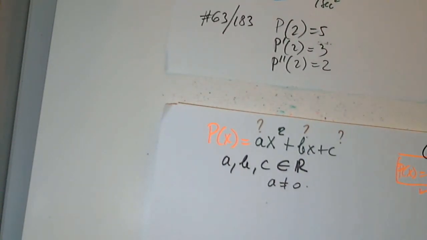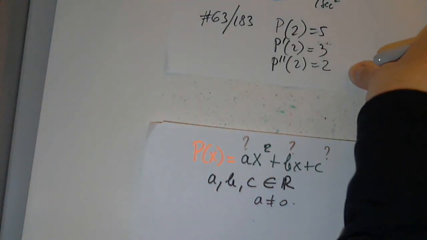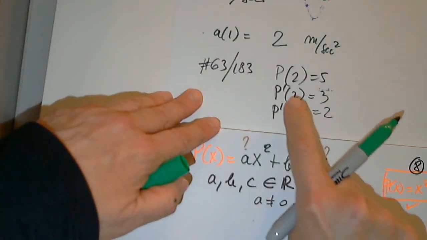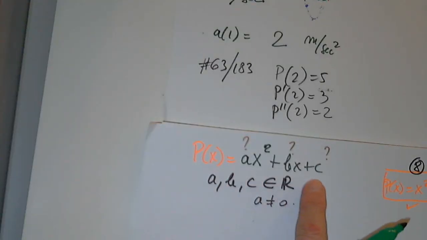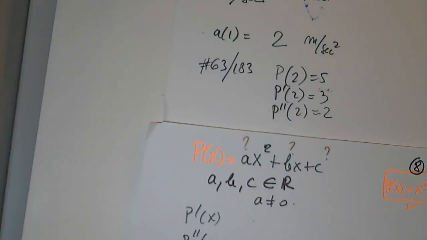Perfect. Good. So can anyone first determine P prime for us? Because we have to use it. And then P double prime. Or the first derivative of P and the second derivative of polynomial P. Okay, P of x.